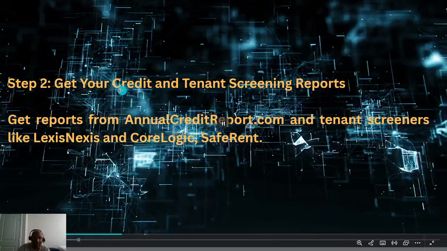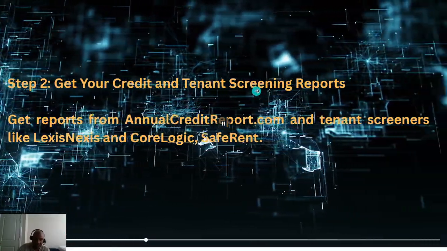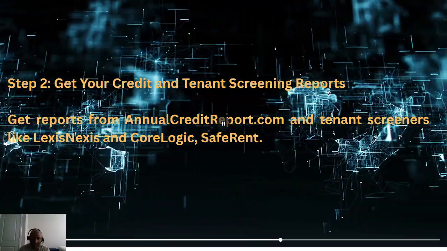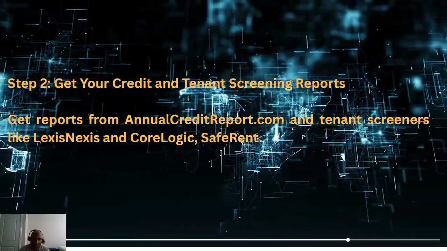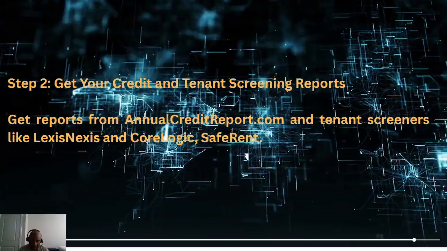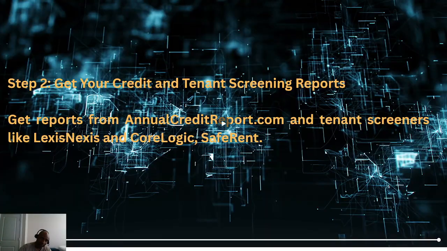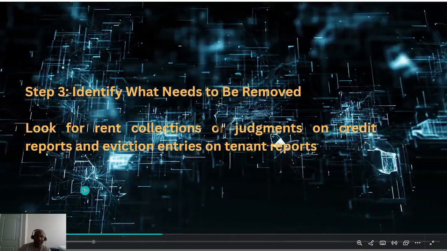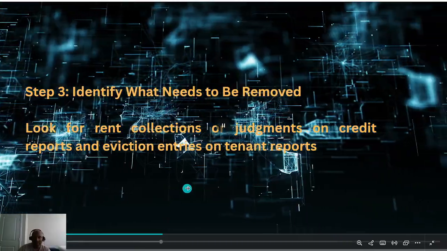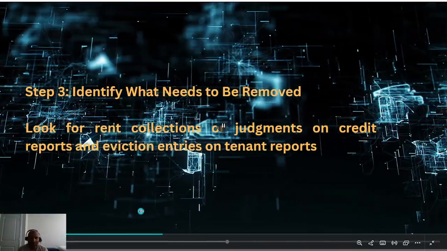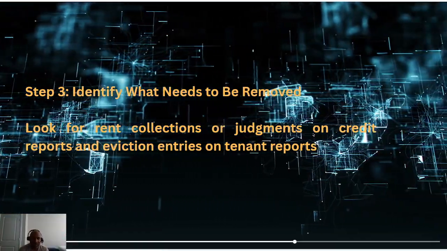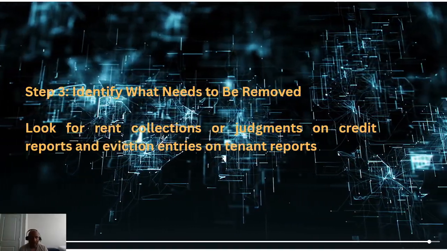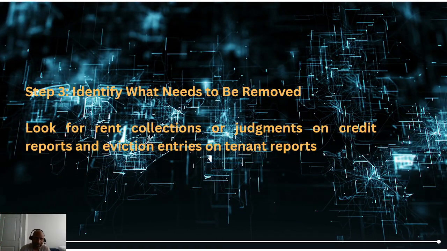You want to get your credit report and your tenant screening reports from those agencies to see what's on them, along with the court documents. Now you have your court documents, your tenant screening reports, and your credit reports. So you have all three of those documents right there.